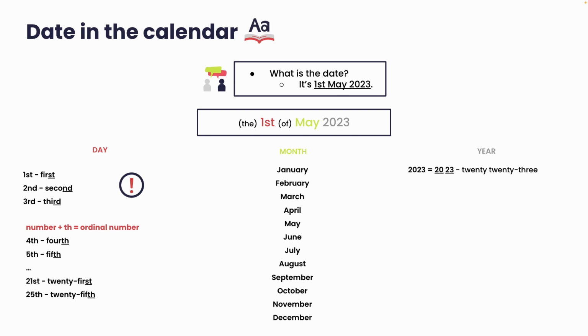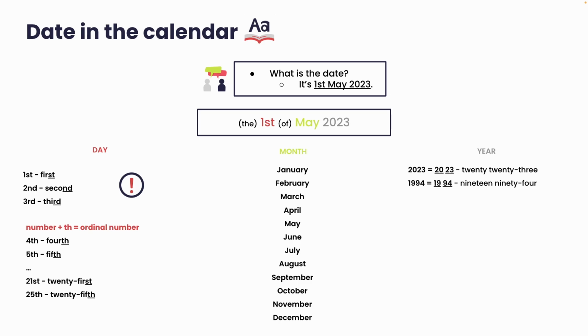Look here. When we've got bigger numbers like thousand something, then we can separate them into two parts. So the left part, the first two numbers, is like 20, and the other two numbers are 23. For example, 1994.